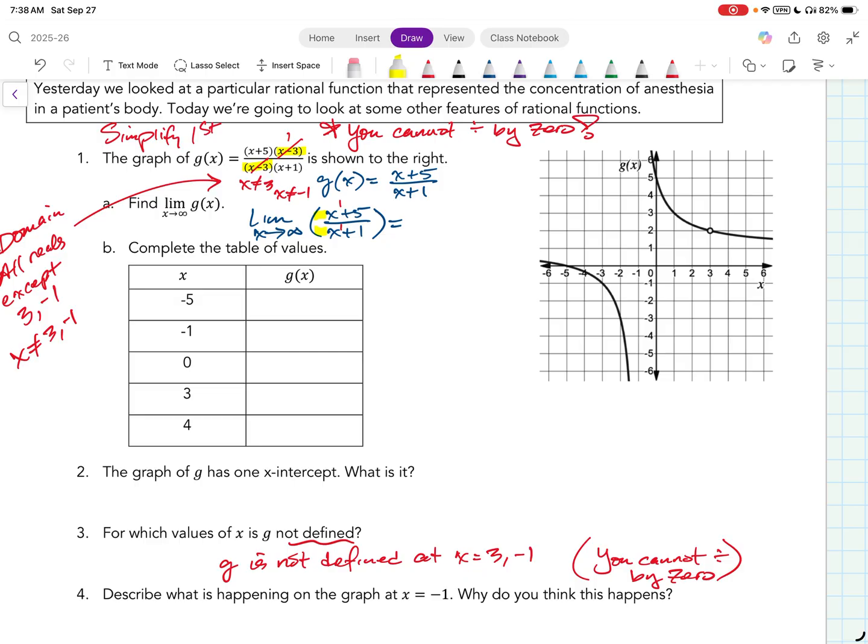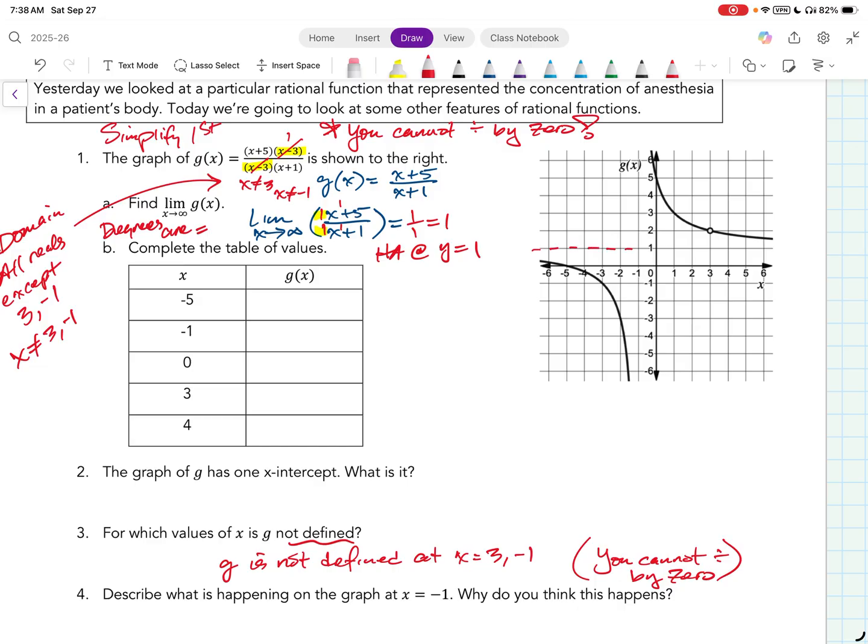And from our last lesson, we noticed that if the degrees are equal, which they are, they're both first degree, you take the coefficients, which are 1 and 1, divide them, and you get 1. And that tells us that we have a horizontal asymptote at y equals 1. So let's draw it in.